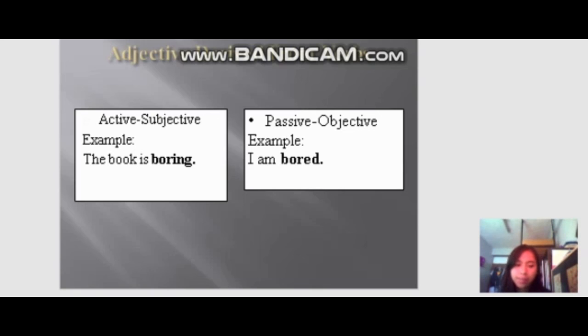And the second is the past participle, with ed at the end. Let's see the example. The book is boring. It is active subjective because I use ing, the present participle. The other is the past participle, like I'm bored. You can see at the end we use ed, the past participle.